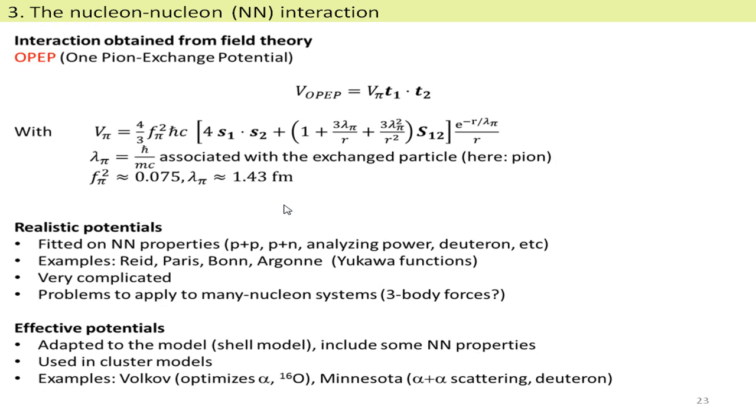But these effective potentials don't include a spin-orbit or a tensor force. They simulate the effect of the tensor force by an appropriate choice of the central interaction. For example, the Minnesota potential reproduces the deuteron binding energy without tensor interaction. This is why it's called effective.